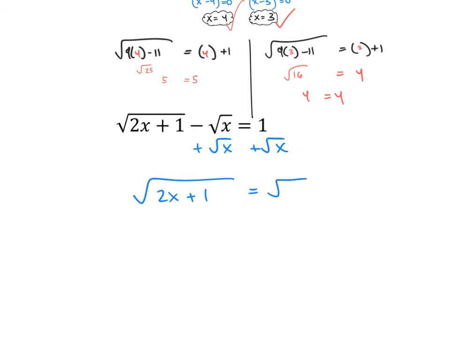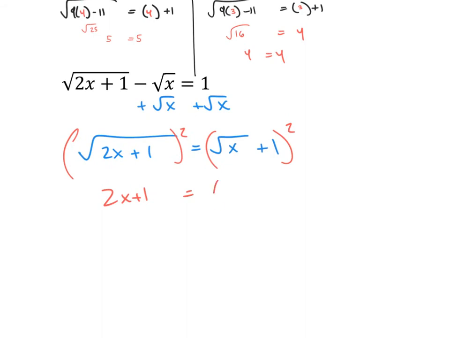I'm going to go ahead and isolate my big one on the left, square both sides. But what makes this problem tricky is that now when I go to square this left-hand side, I'm going to be foiling with some square roots. Square root of x times square root of x is actually just x.